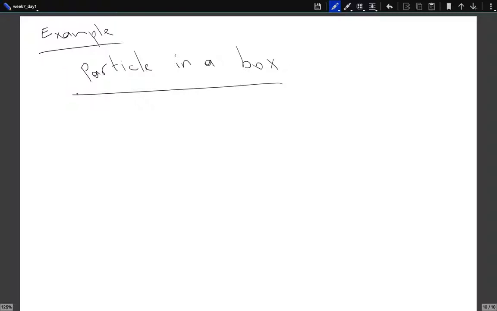What are the possible waves for this particle? Let's say it's one-dimensional, it's closed, it's always inside, it cannot go out. So let's say this is the x-axis, this is x is equal to 0, this is x is equal to L.